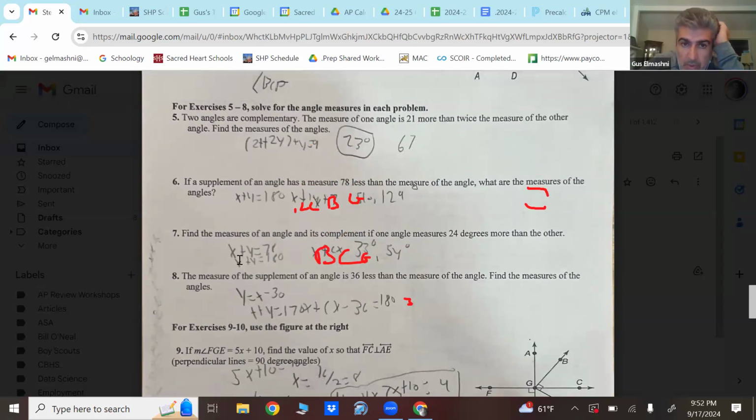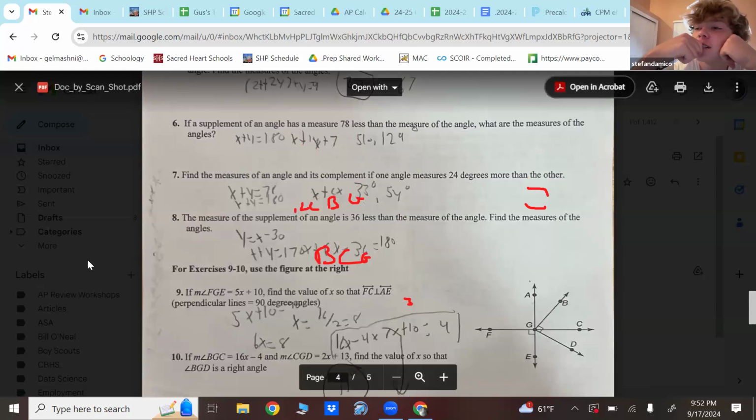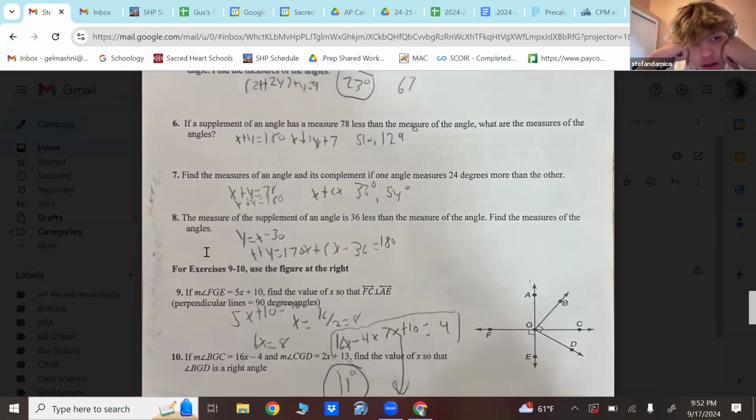One angle is 121 more than twice the other. Yeah, okay, that's good. So you have 3y and 69 to 23. Yeah, good. So you have to have 180.